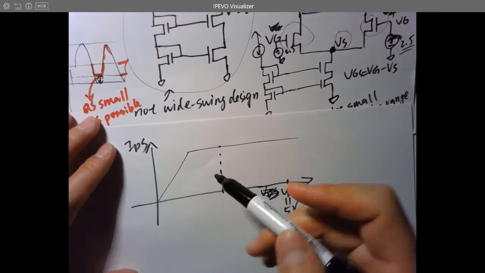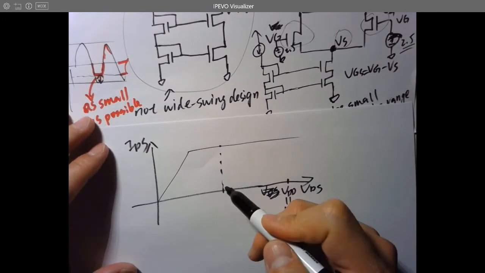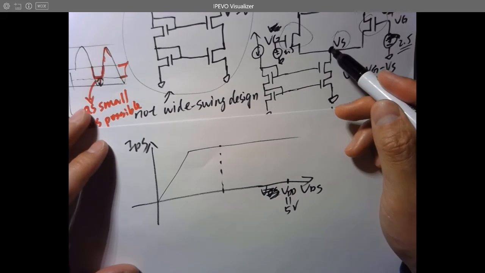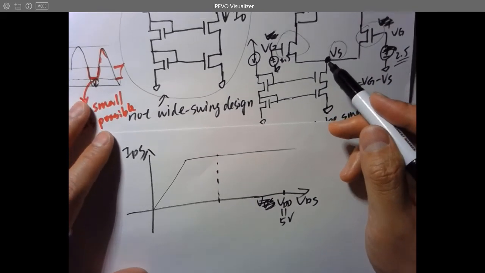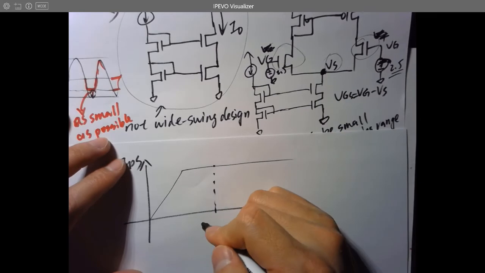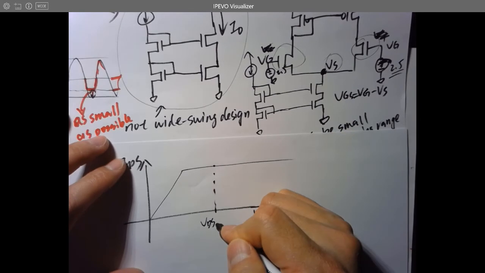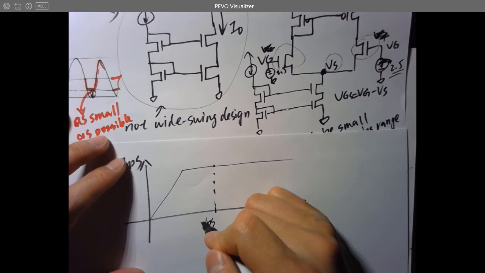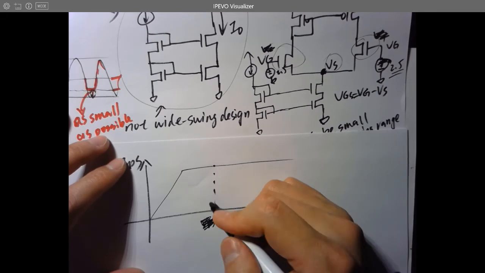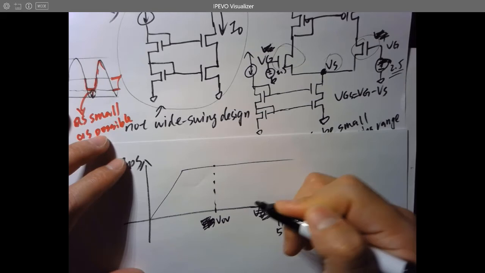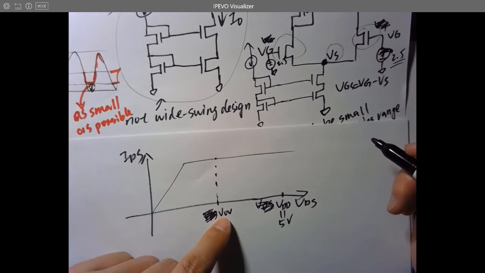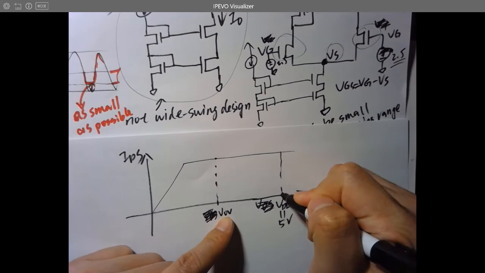And for example, you biased your VDS to this point. Actually, it's not a VDS. We are calling this one VO, so it's an overdrive voltage. For example, if you bias your VDS equal to VO, the overdrive, then here is the upper limit.